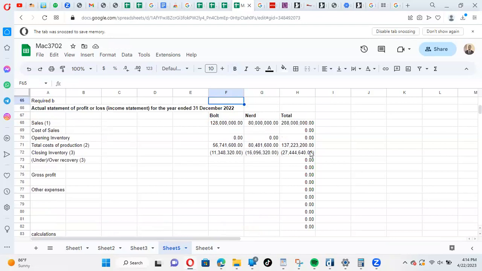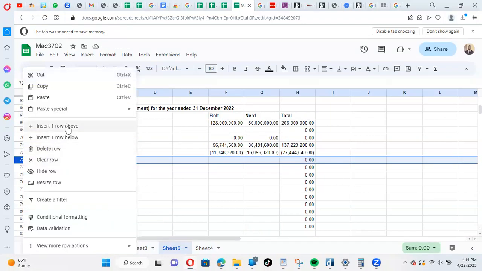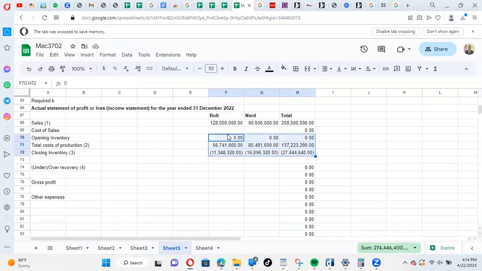All right, so on the issue of our under and over recovery, this is going to be on our calculation number 4. Another easy calculation. All right, let's put a separator there so that we can easily come up with our cost of sales there.